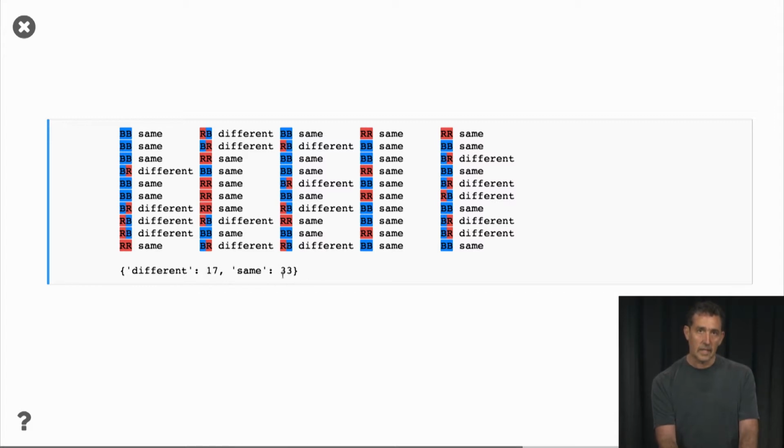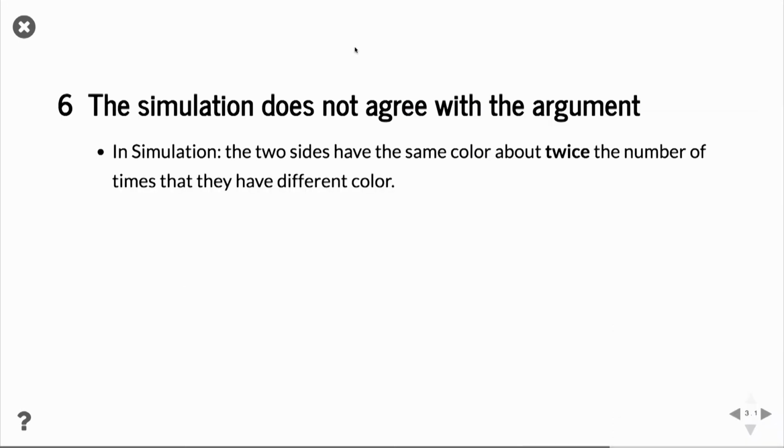So I basically have here a game that, even as simple as it is, is unfair to you, and I'm going to gain money on average from playing it. As we saw, the simulation does not agree with the argument we made before. The argument must be false. In the simulation, the 2 sides have the same color about twice the number of times that they have different colors.